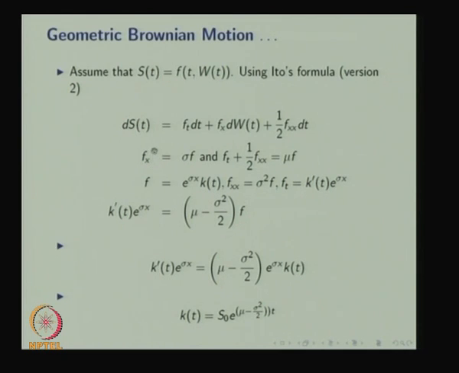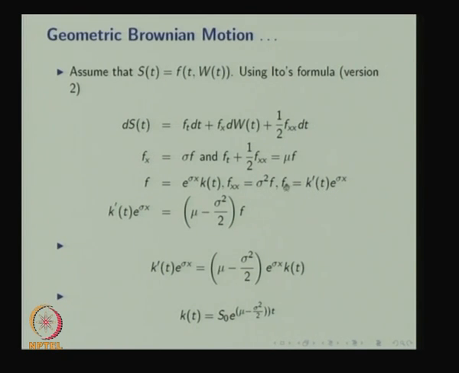You can take a second partial derivative with respect to x, therefore you will get f_xx equal to sigma square f. And here you can take a partial derivative with respect to t, therefore you will get k dash of t e power sigma x.